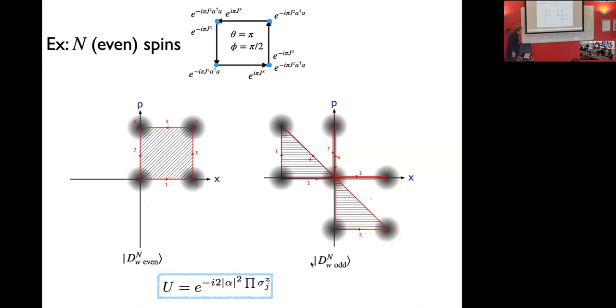And the net action is to give you a unitary, which is an exponential of the product of Z gates on all the spins. So this is a highly entangling gate. And for example, you could use this to generate a GHZ state in one step of this geometric phase gate.